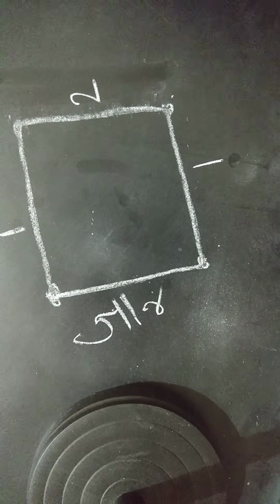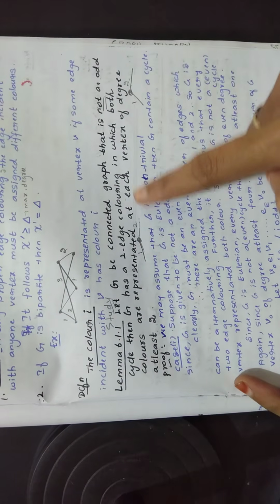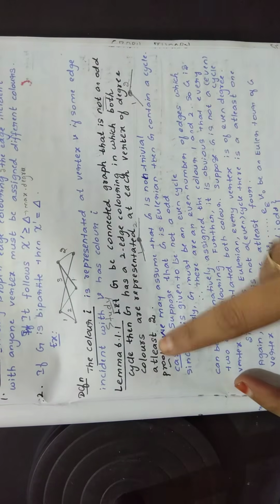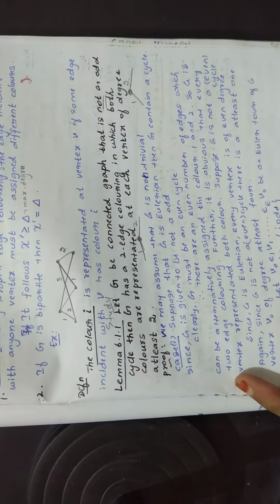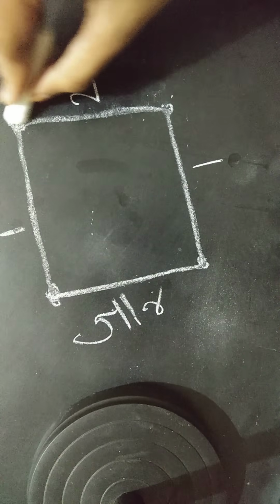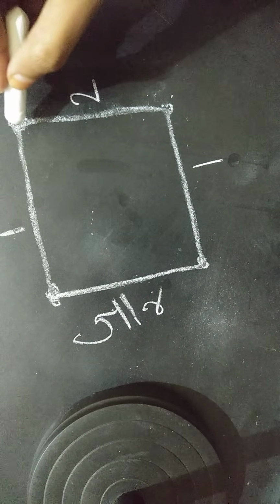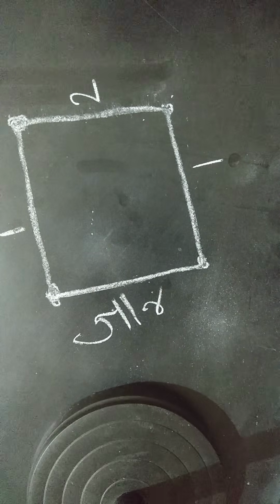In which both colors are represented at each vertex of degree at least 2. That is, there are 2 colors. Consider any vertex. Before that, the degree of this vertex is what? 2.